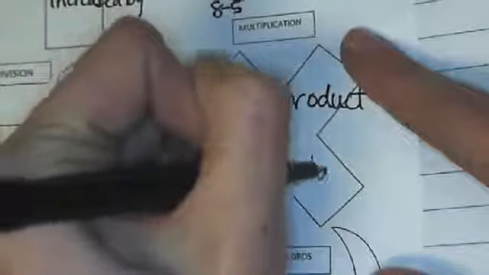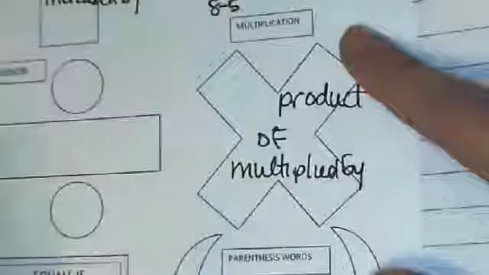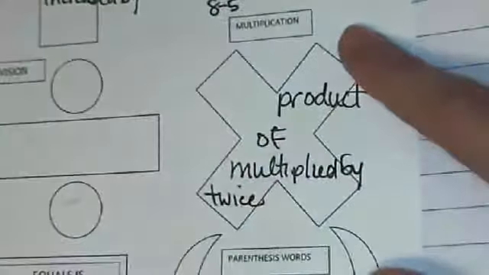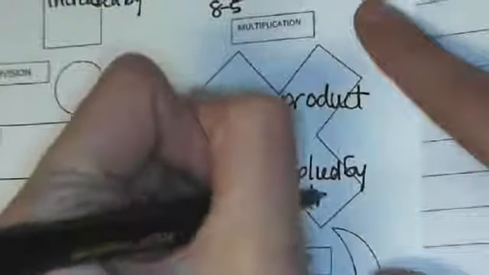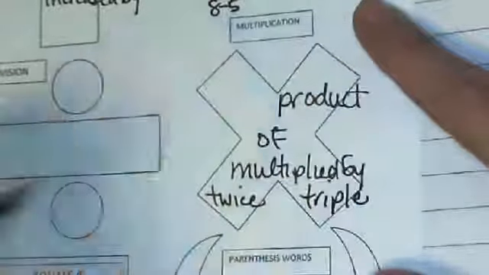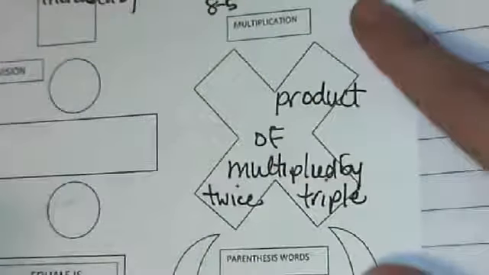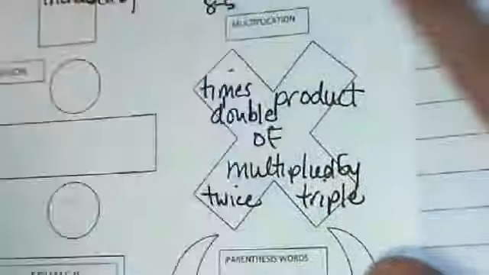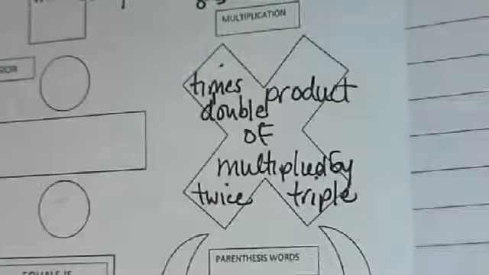Multiplied by, twice. If it's twice something, that means multiplying by 2. We have triple, that means multiply by 3. Times. And double. Double means multiply by 2. Okay? So those are all your multiplication words.